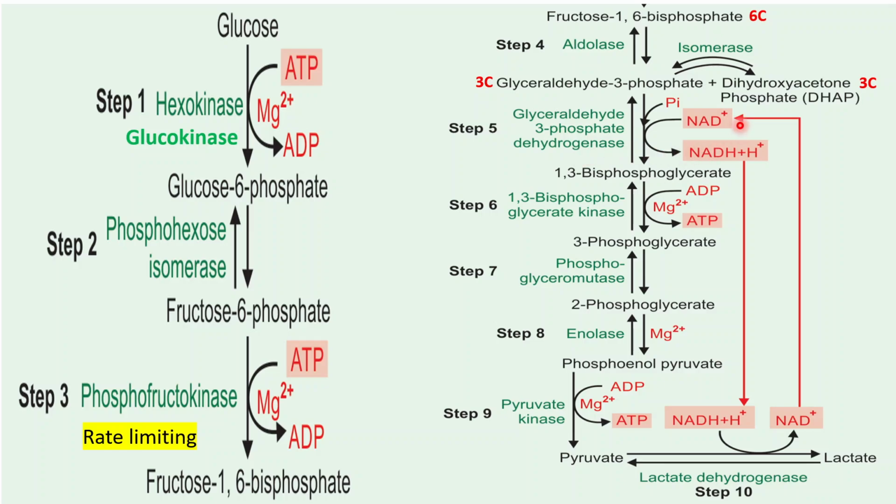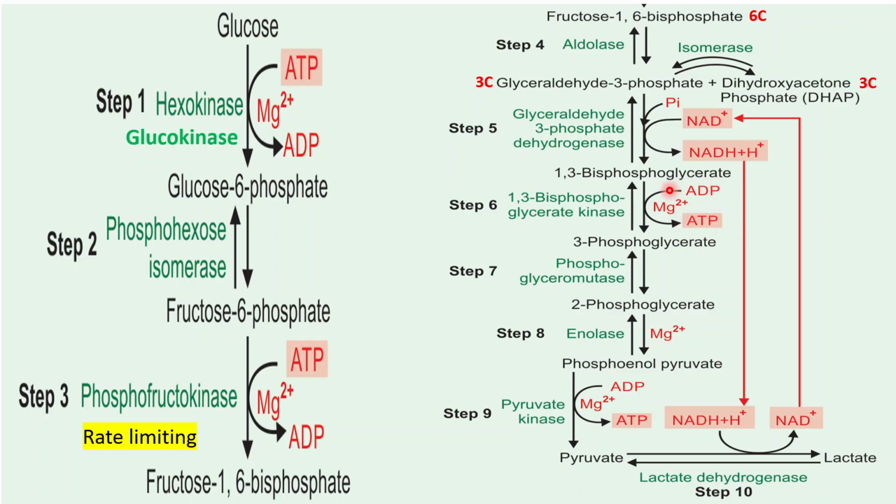This hydrogen is accepted by NAD and forms NADH plus H positive. And we have addition of a phosphate group, so this leads to formation of 1,3 bisphosphoglycerate. Then this 1,3 bisphosphoglycerate undergoes loss of a phosphate group, and ADP is converted to ATP.